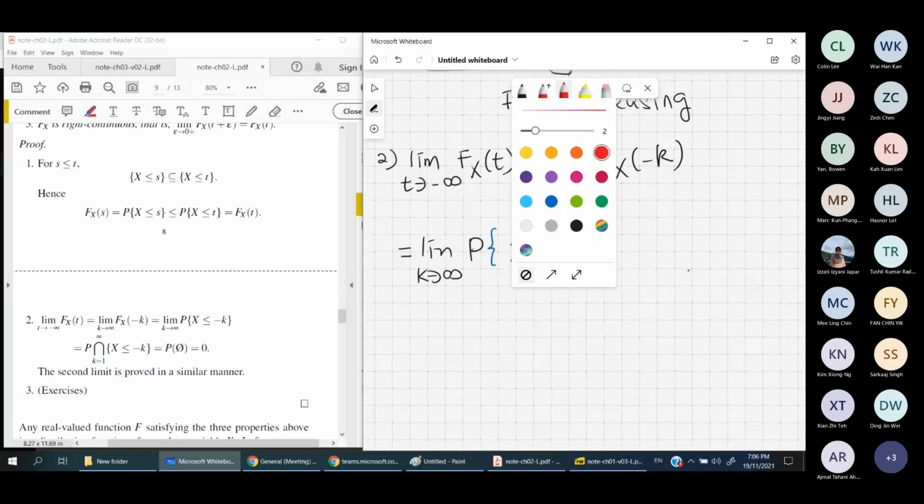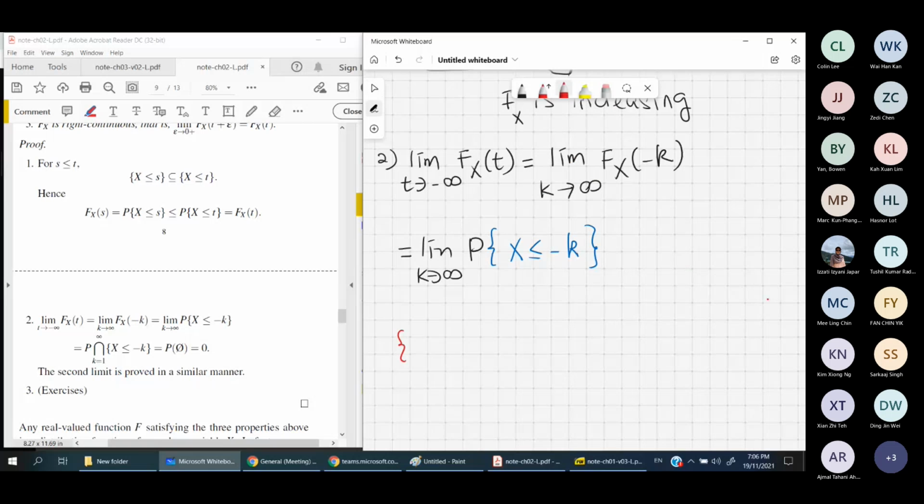First of all, -1 is larger than -2, right? So this must include this as a subset.